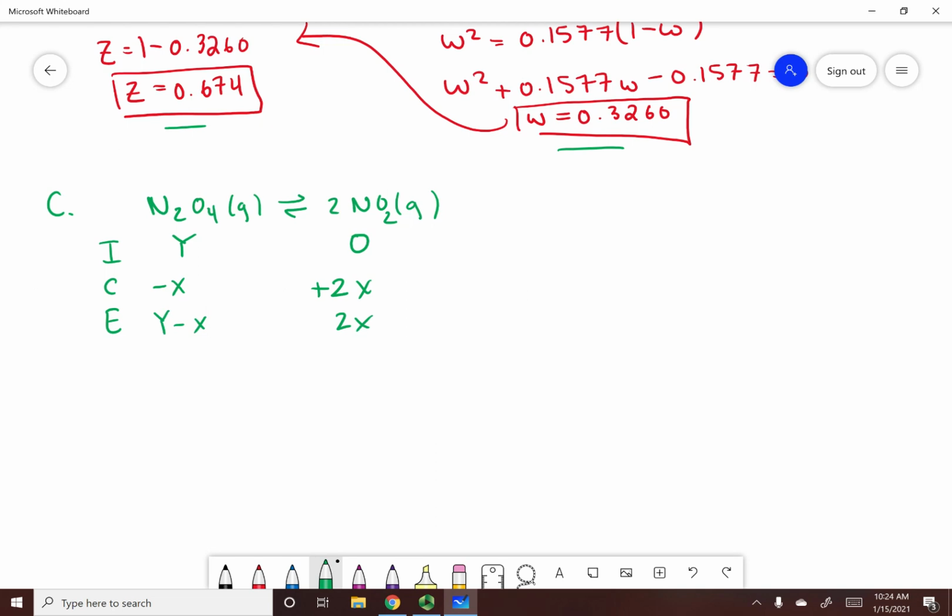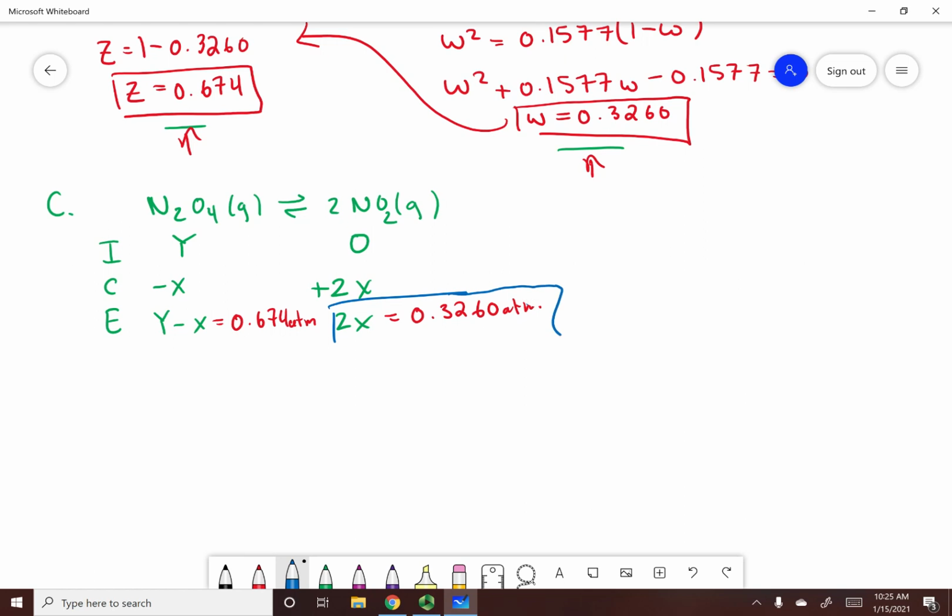Now remember what this is saying. I want this to equal 0.3260 atm, and I want this to equal 0.674 atm, the pressures I found in part B. So now we can go ahead and solve for these variables.